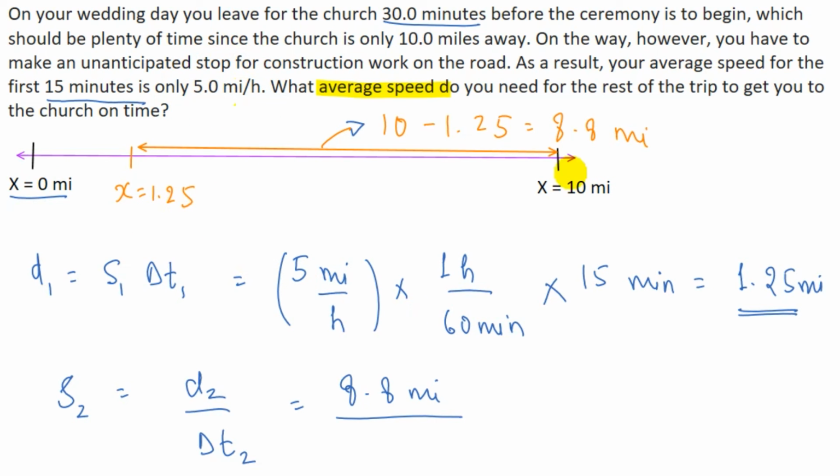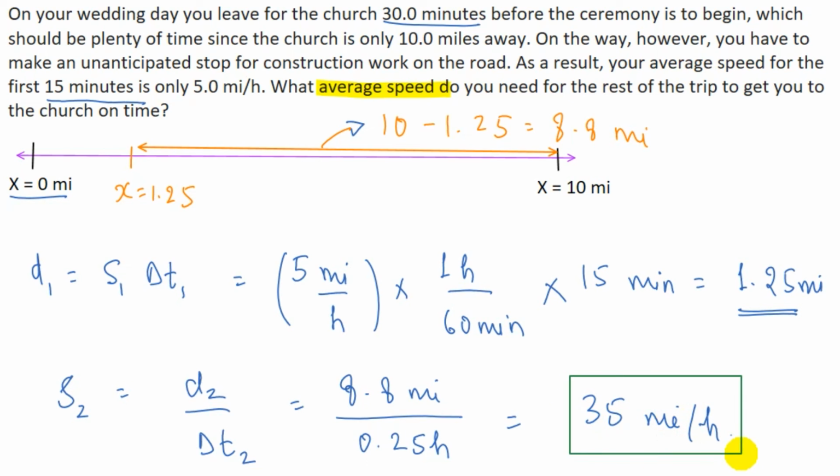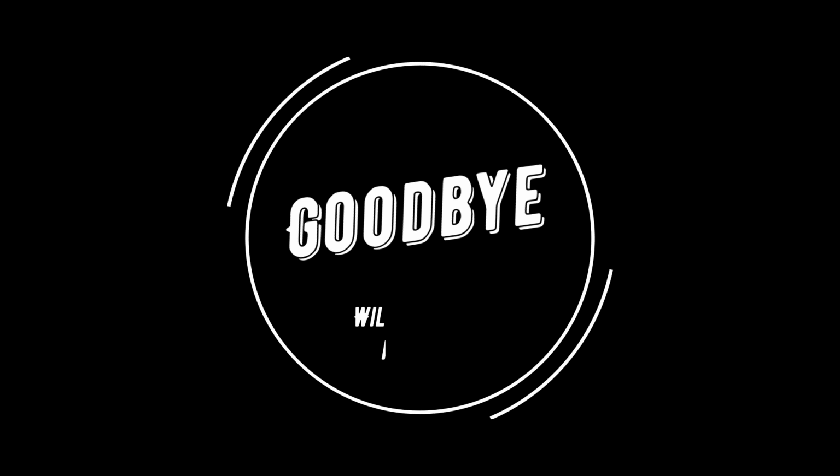So for that you have to convert 15 minutes into hour. So 15 minutes is 1/4 of an hour. So we can write 0.25 hour. So that would be equal to 35 miles per hour. Therefore, the average speed for the next 15 minutes should be 35 miles per hour so that he can reach the church on time.